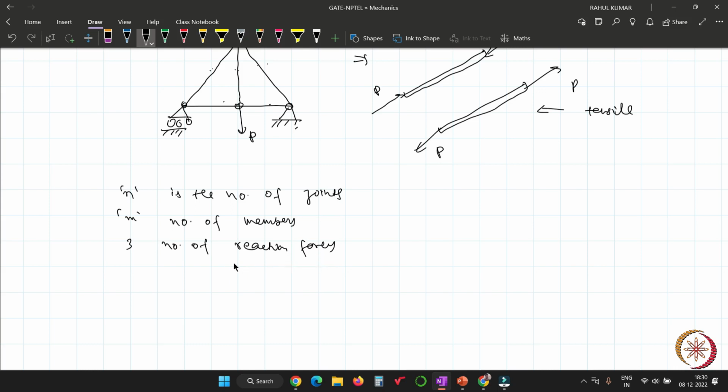In your syllabus, you will usually see n joints, m members, and three reaction forces.